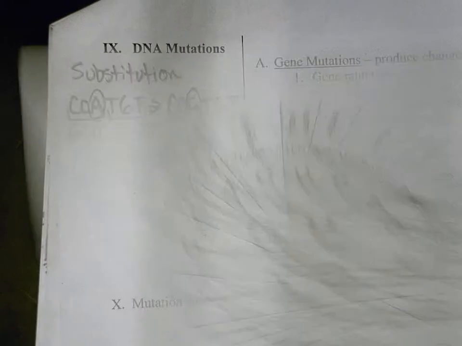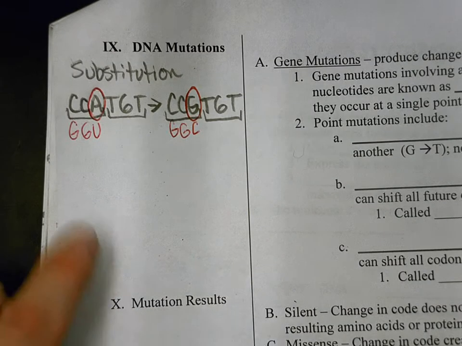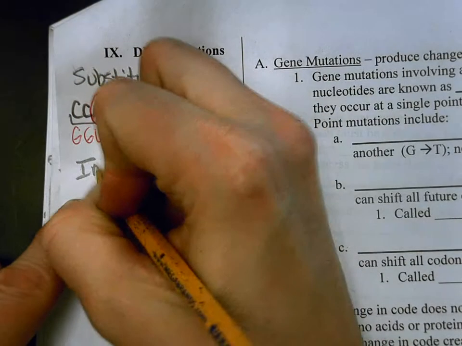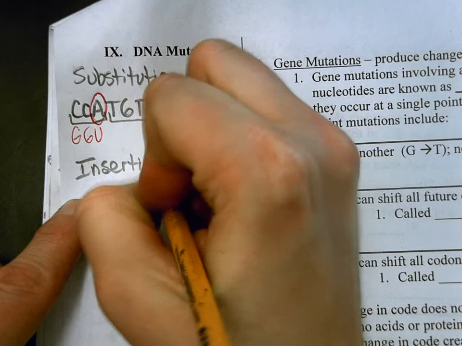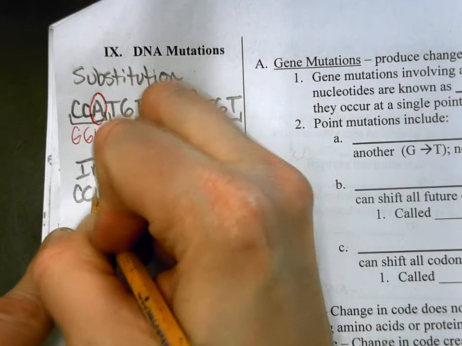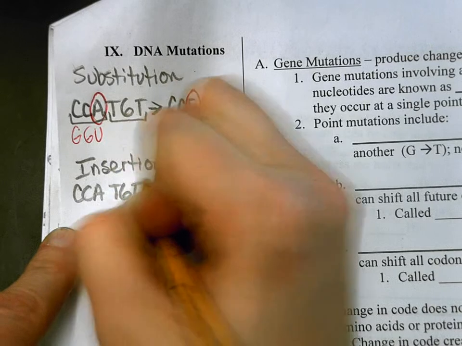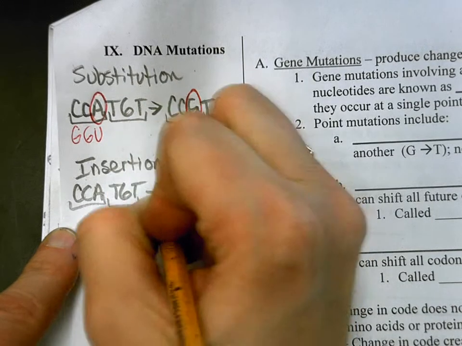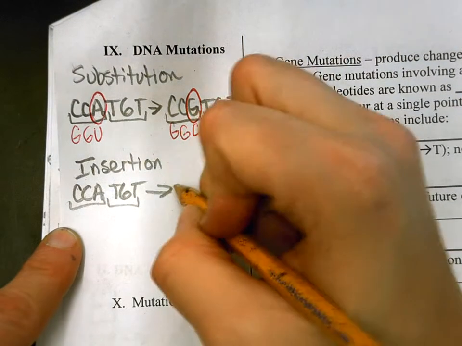Okay? All right, so let's go to another one. Let's do insertion. Okay, for insertion, we're going to start with the same code, CCA TGT, bracket, bracket. Then I'm going to mutate it to this.